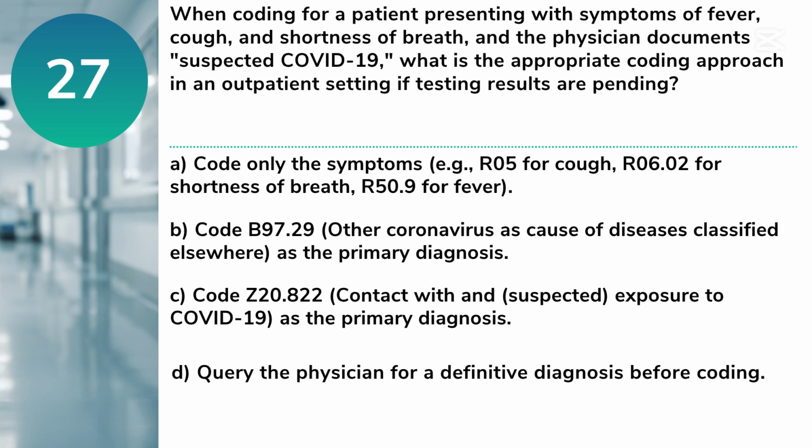B. Code B97.29, other coronavirus as cause of diseases classified elsewhere, as the primary diagnosis. C. Code Z20.822, contact with and suspected exposure to COVID-19, as the primary diagnosis. D. Query the physician for a definitive diagnosis before coding.